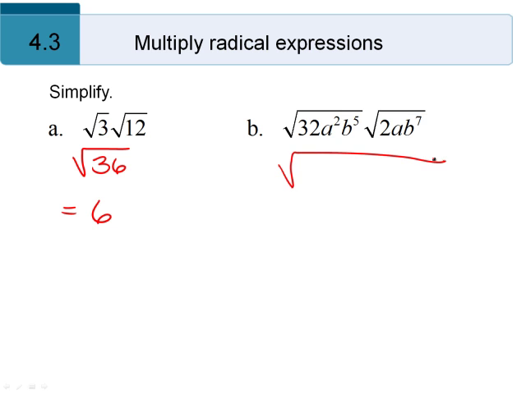First I'm going to multiply 32 times 2, that's 64. This is still all under the radical, still under the square root sign. A squared times a, remember add, that's going to be a to the 3rd because there's a 1 on that little a. And b to the 5th and b to the 7th is going to give me b to the 12th. Okay, so we've multiplied. Next step is to simplify.